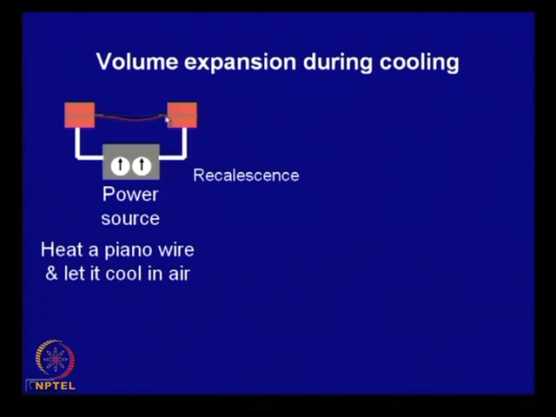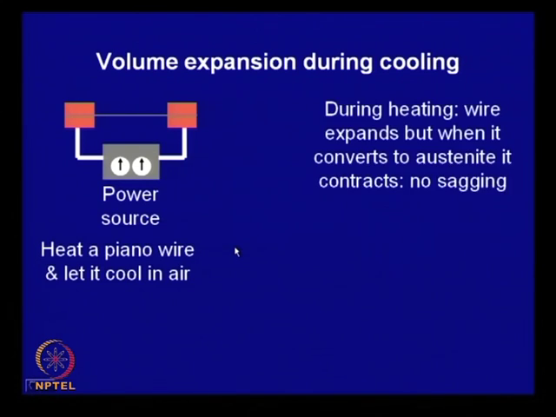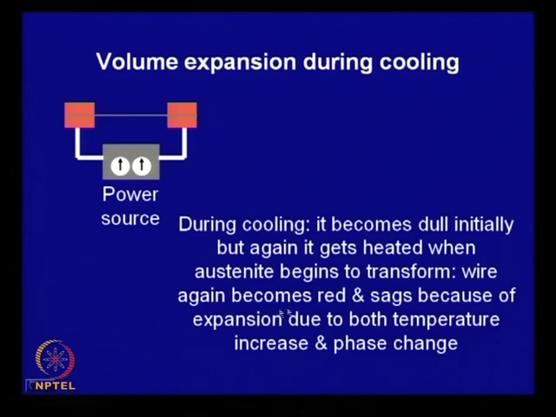If you have some temperature measuring device, you can possibly find out the transformation temperature as well. So, I have already explained that during heating the wire expands, but when it gets converted into austenite, it contracts and there is no sagging, whereas in the other case both add up and there is a sagging.